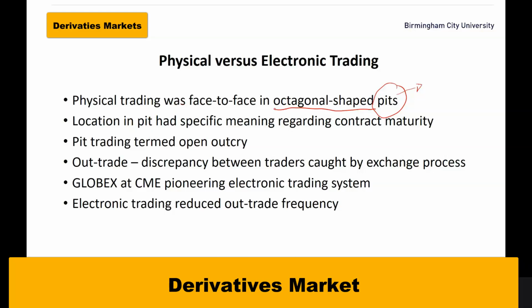So in physical trading, what happens is that there is a trading pit, and each trading pit has its own allocation. For example, Apple's shares are purchased and sold in this trading pit, and then Microsoft's are here. So if I want to buy, I'll go there, and you will see on the floor of the market there will be hundreds and hundreds of people trading.